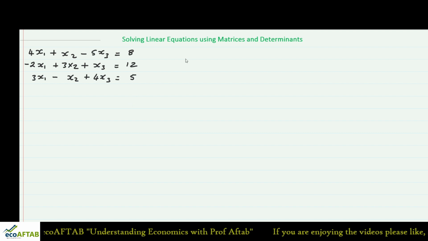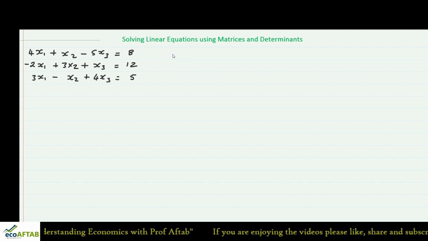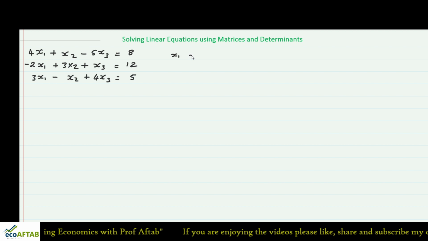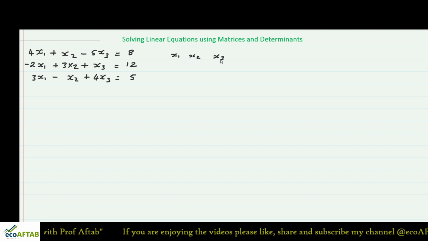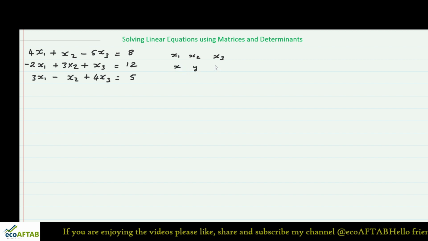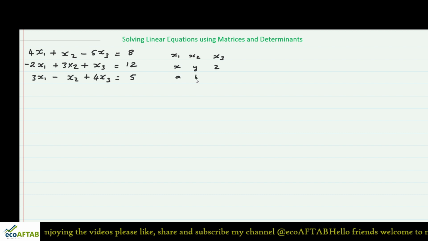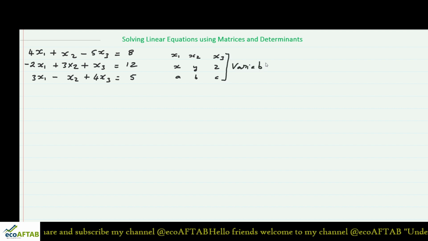So, we can say these three equations can be represented in different ways. First thing is here x1, x2 and x3 can be written as x, y, z, or else it can also be written as a, b, c, and all these things can be any of our economic variables.